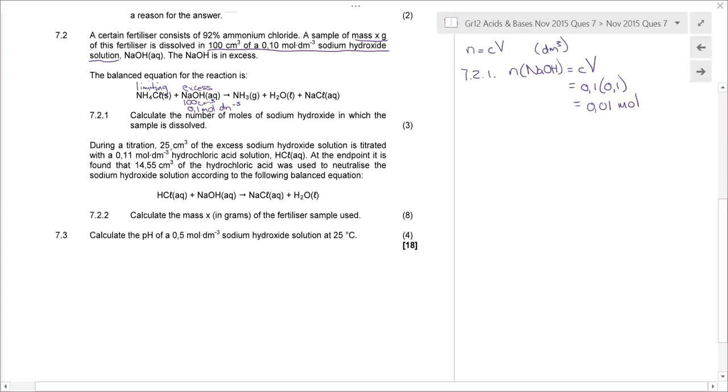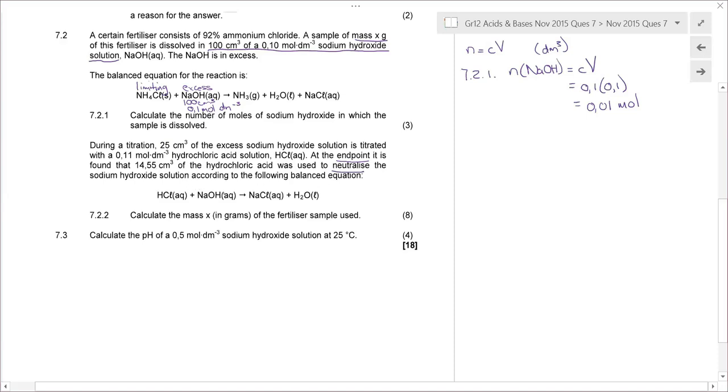So during a titration, 25 cm³ of the excess sodium hydroxide solution is titrated with a 0.11 mol/dm³ hydrochloric acid solution. At the end point, so this is neutralization, it is found that 14.55 cm³ of the hydrochloric acid was used to neutralize, important, the sodium hydroxide solution according to the following balanced equation.